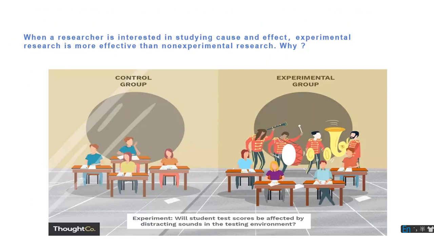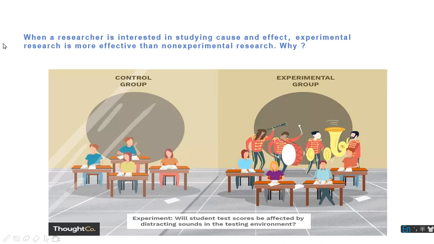Okay, now let's look at this example. This is an experiment. The research question is, will students' test scores be affected by distracting songs in the testing environment? And we can have a kind of experiment. We set two groups. This group is the control group. This group is the experimental group.